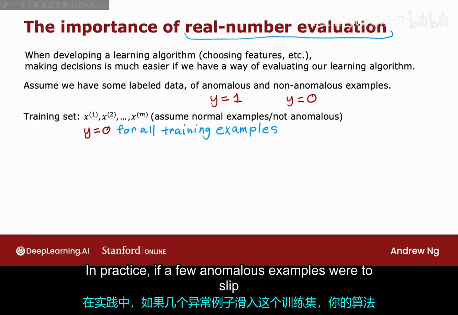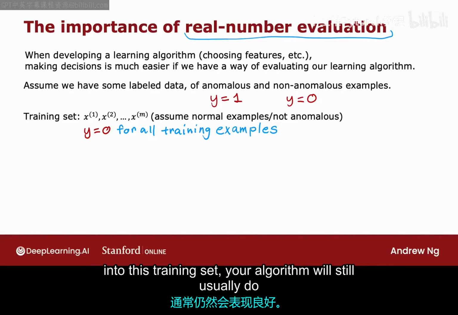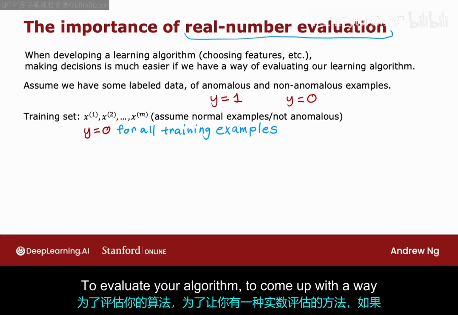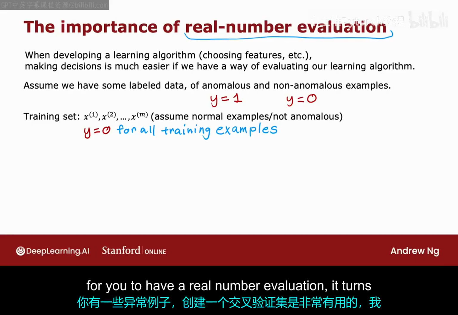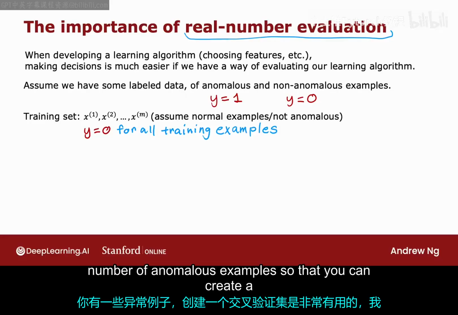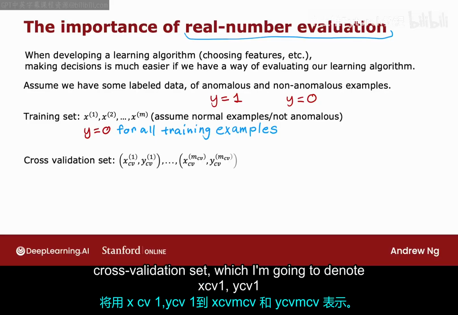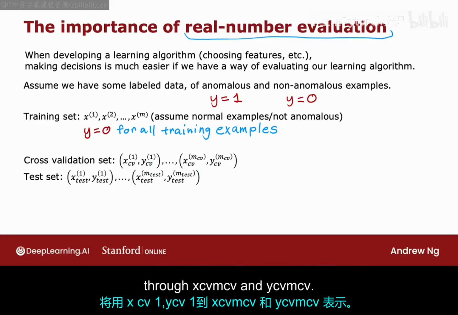In practice, if a few anomalous examples were to slip into this training set, your algorithm will still usually do okay. To evaluate your algorithm, to come up with a way for you to have a real number evaluation, it turns out to be very useful if you have a small number of anomalous examples so that you can create a cross-validation set, which I'm going to denote x_cv^(1), y_cv^(1) through x_cv^(m_cv), y_cv^(m_cv).